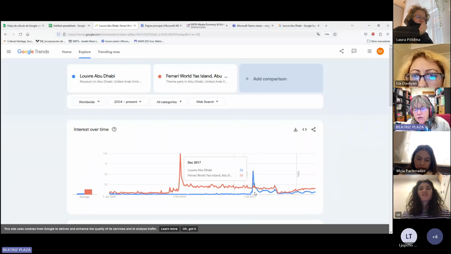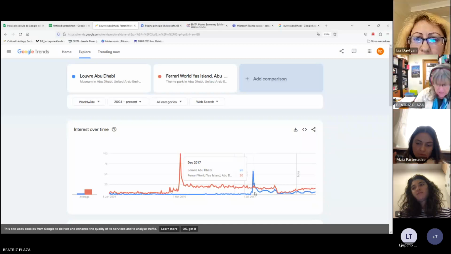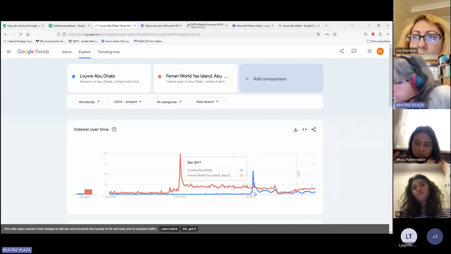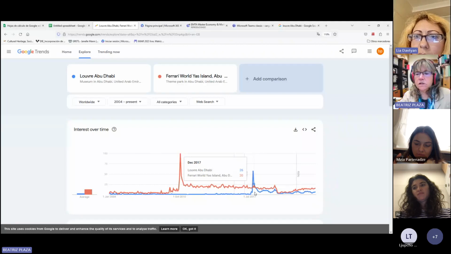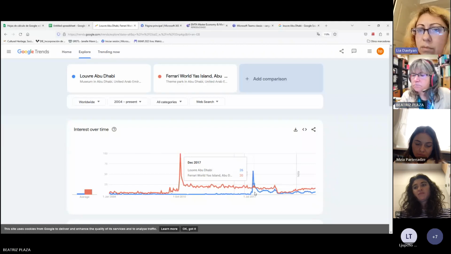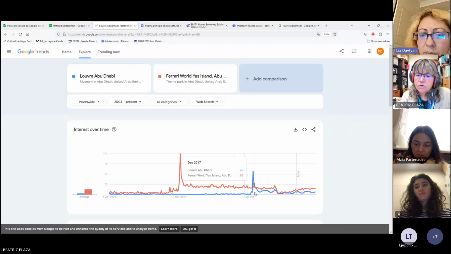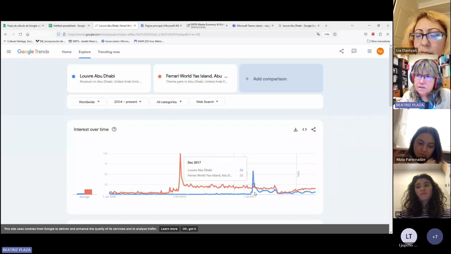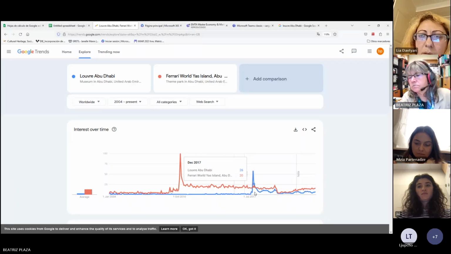But the beginning. What happens when you inaugurate a cultural attraction? Which is the pattern always? When you have the inauguration, what happens with the audiences? Attention is drawn. Yes, when you inaugurate everything, you draw great attention.